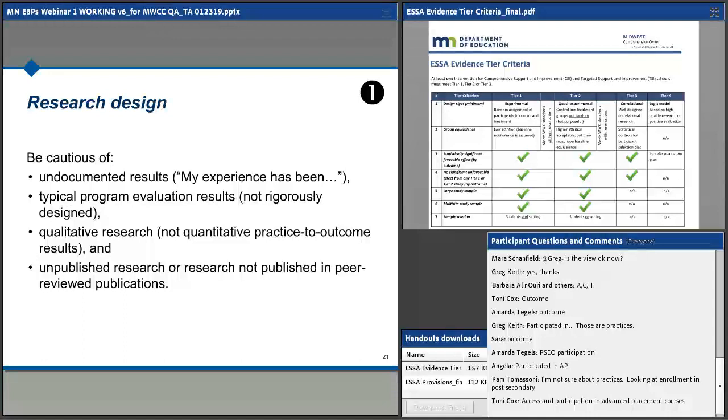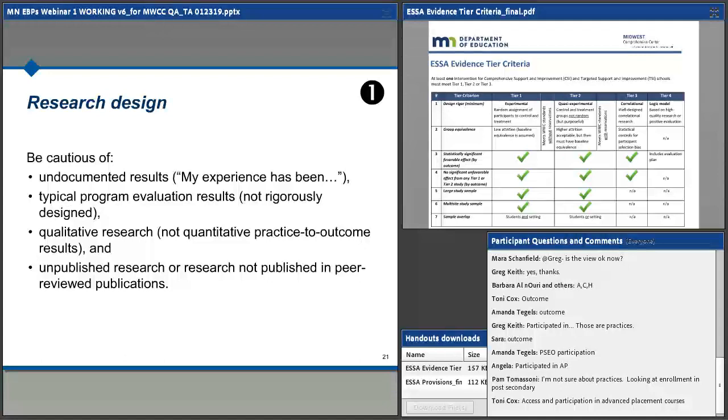Just a couple other things about research design specifically. What you're going to want to be cautious of is undocumented results. I've made the point a couple of times already that you can't simply rely on past experience. You're going to have to find documented evidence to actually back up your experiences.